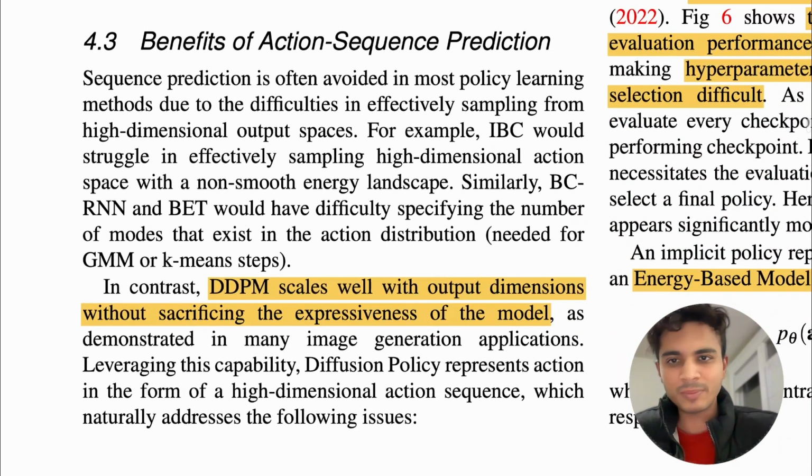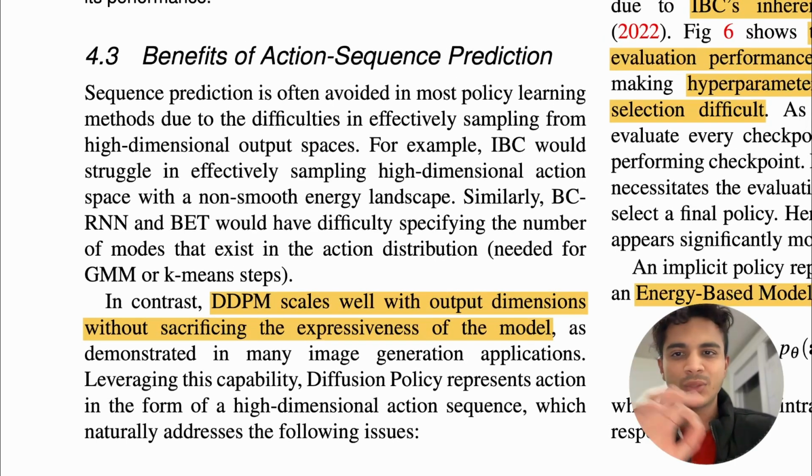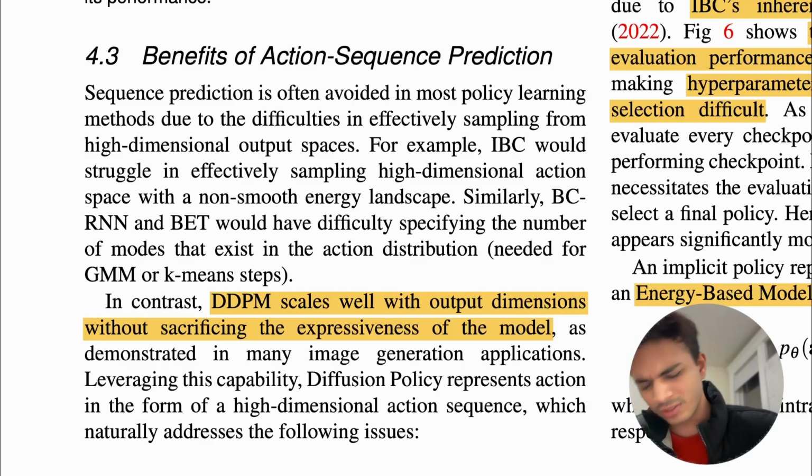And yeah, there is a benefit of action sequence prediction instead of just one single action. So far, it was not possible for other policies, just because of their framework, to predict multiple actions at the same time. But in contrast, DDPM scales well with output dimensions without sacrificing the expressiveness of the model.